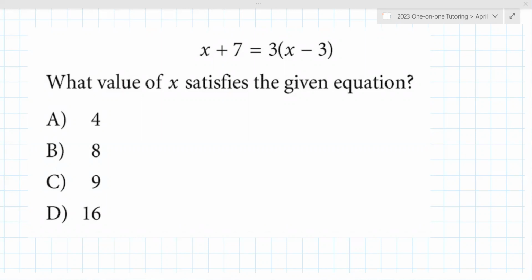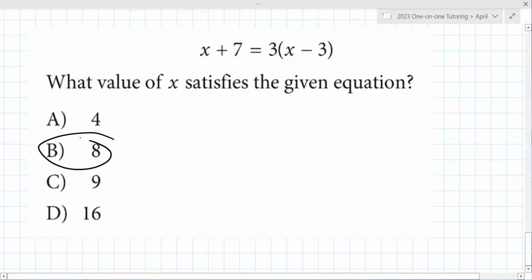No. Okay. 16. 9 minus 3 is 6. 3 times 6, 18. 8. So B. Yeah, B. Okay, I agree.